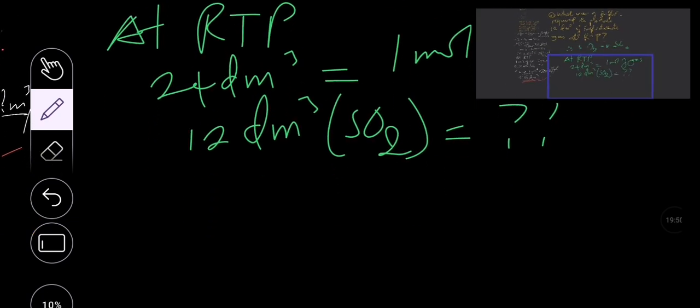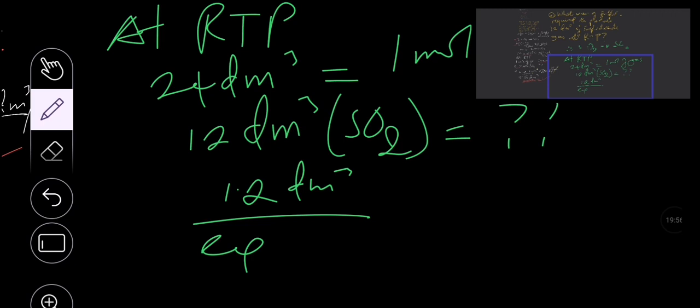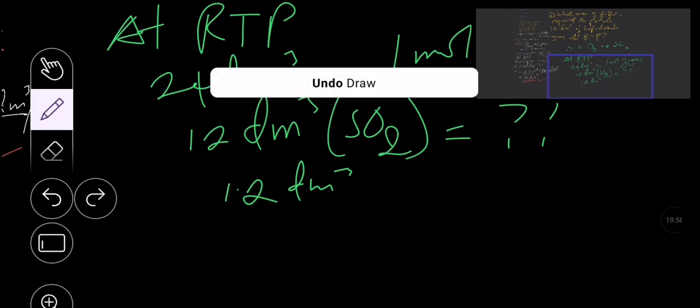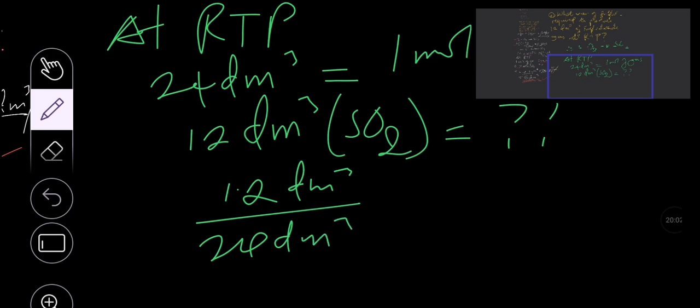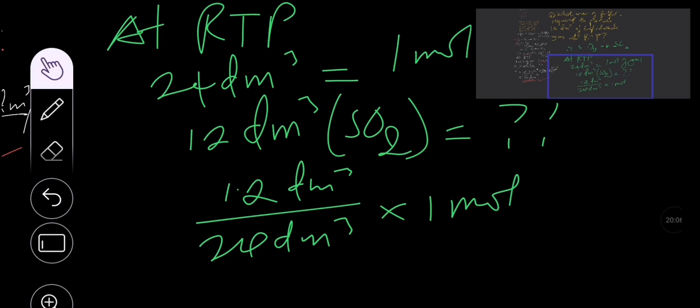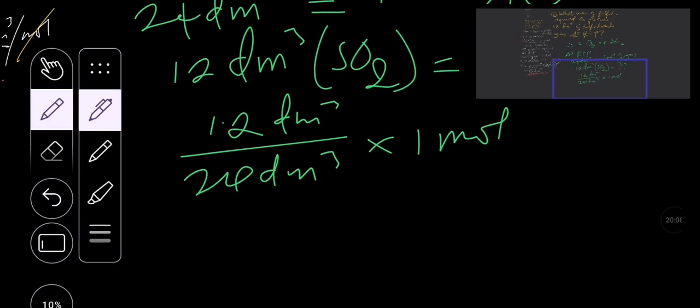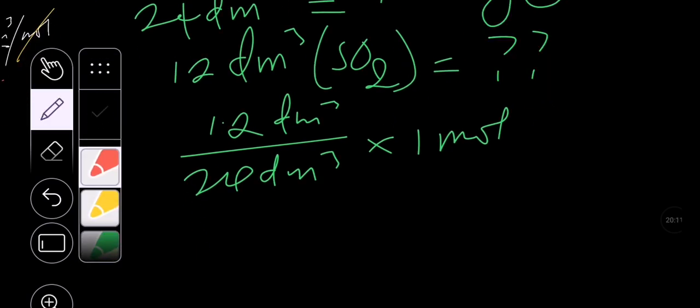So it's going to be 12 cubic decimeter divided by 24 cubic decimeter, multiplied by 1 mole. Simple. These two things cancel each other, this cancels this, and we remain with only the number of moles.